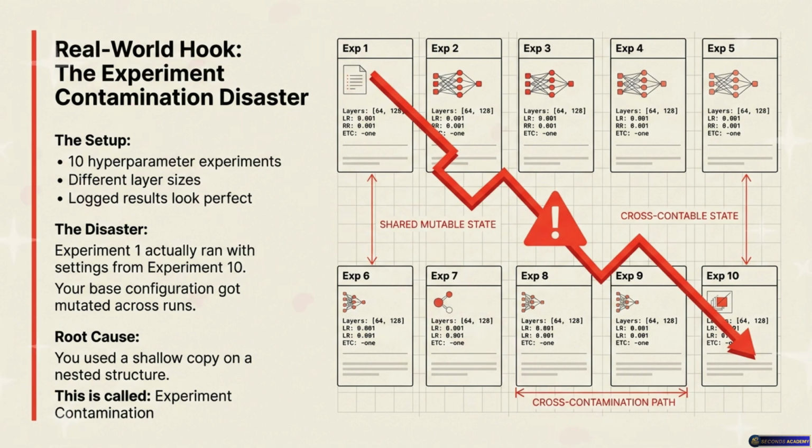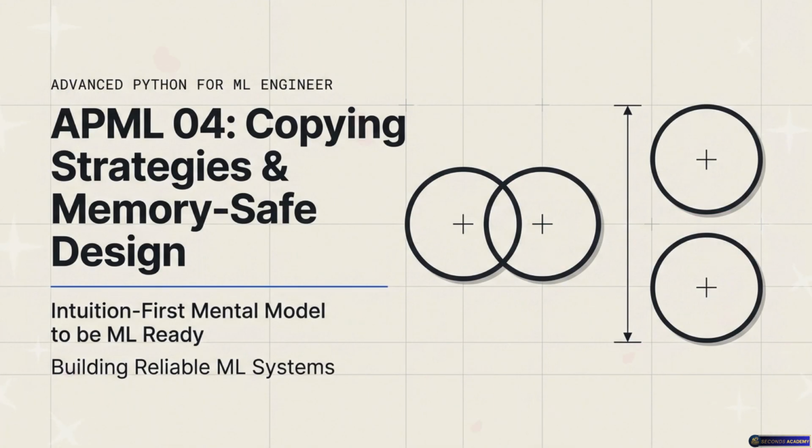Which is exactly why we are dedicating our entire focus today to bridging that specific gap. We are taking you from knowing basic Python to actually building reliable, bulletproof machine learning systems. Yes, because today is all about copying strategies, memory-safe design, and really developing the engineering mental models you need to stop these phantom mutations from ruining your models.